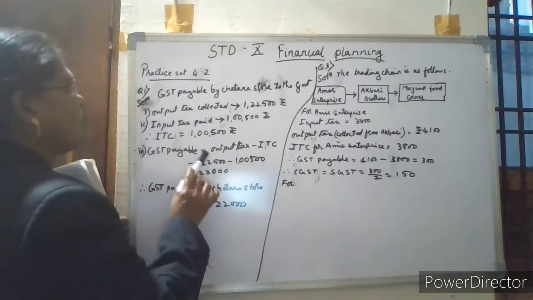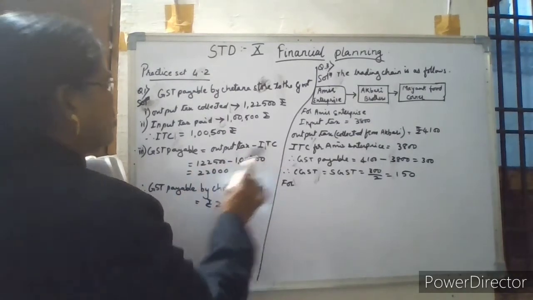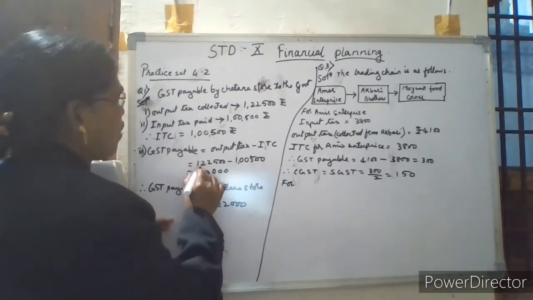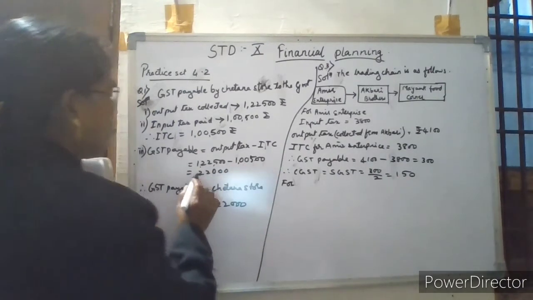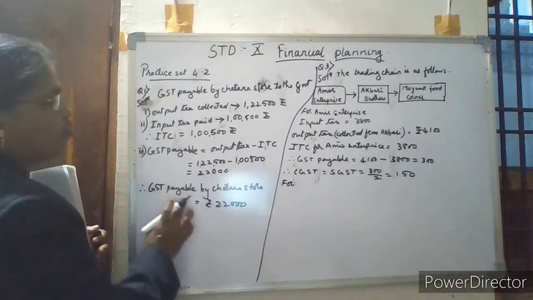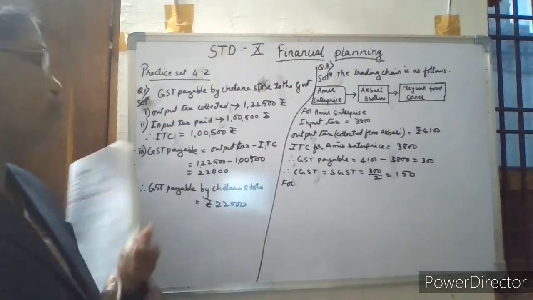Now GST payable is equal to output tax minus ITC. So that is equal to 1,22,500 minus 1,05,000 rupees. If we subtract this, we get 22,000. Therefore GST payable by Chetna store is equal to 22,000 rupees.